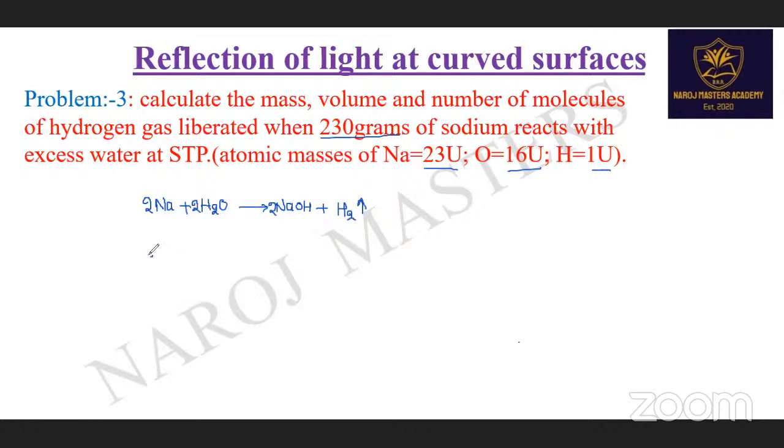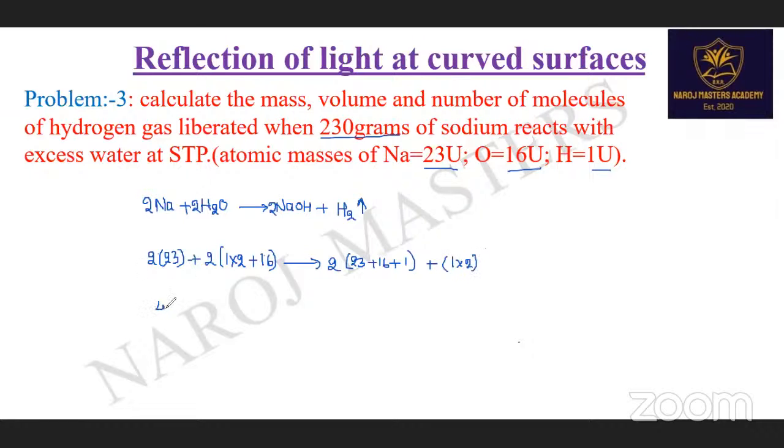So 2 times Na, 2 into 23 units, plus 2 into 1 hydrogen, since the atomic mass of hydrogen is also 1, 1 into 2 plus oxygen 16, gives rise to 2 into Na 23 plus 16 plus 1, plus 1 into 2.